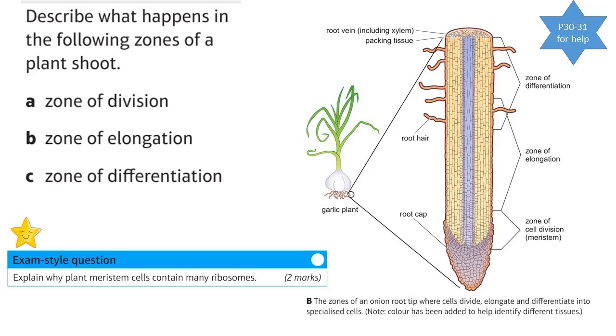So the actual cells are elongating and the plant is growing by increasing the size of its cells. And C, the last one, the zone of differentiation, that is where cells are changing, differentiating and becoming specialized cells for different functions.